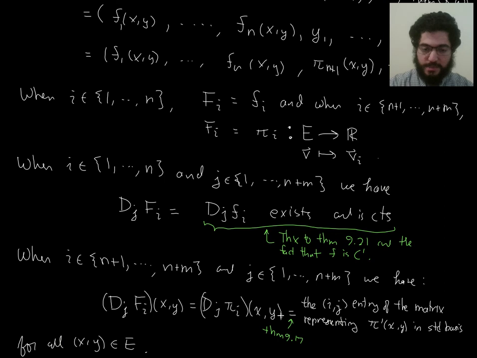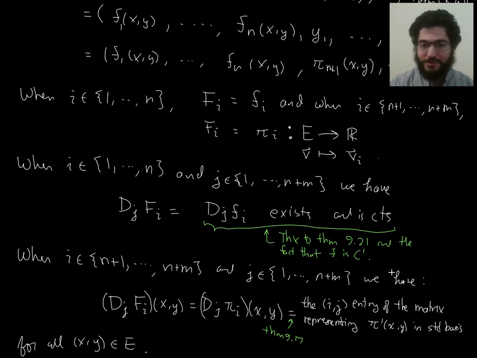So Theorem 9.17 says that these partial derivatives end up being the components of a matrix representing the derivative of a certain function. What function? I've called it pi here, but that's a bad name. It's the function whose ith component is pi sub i. So it's the function you get if you put together all the projection maps pi sub i into one big function.